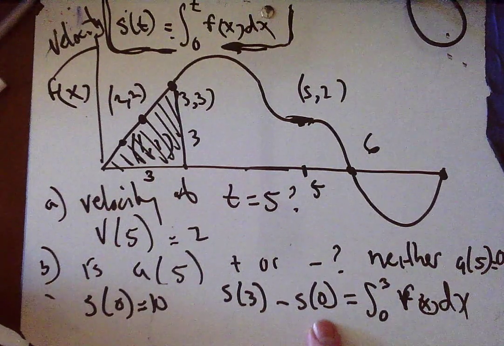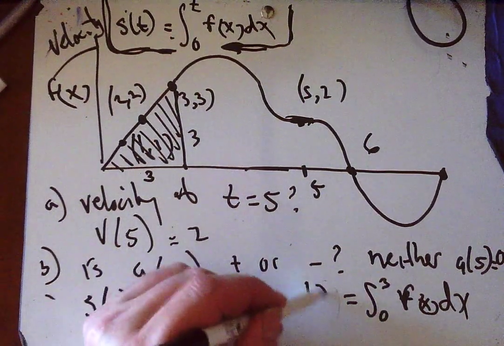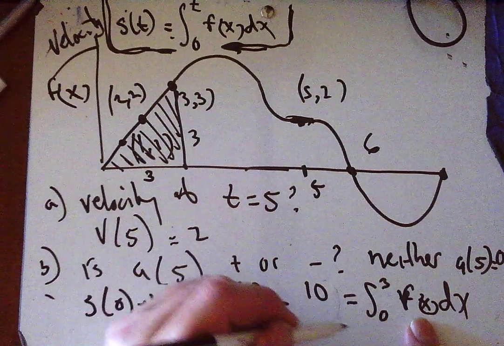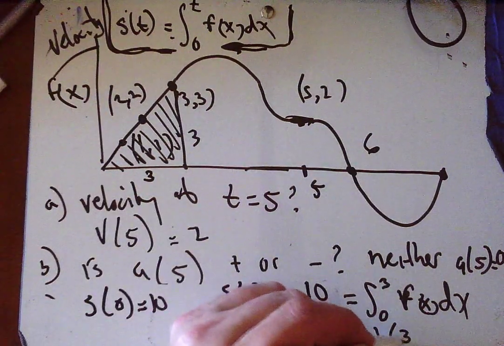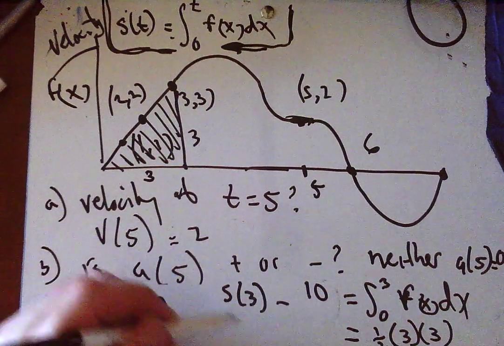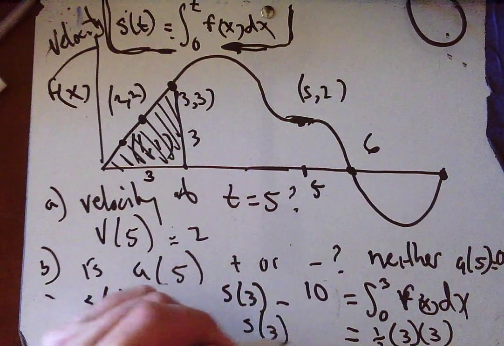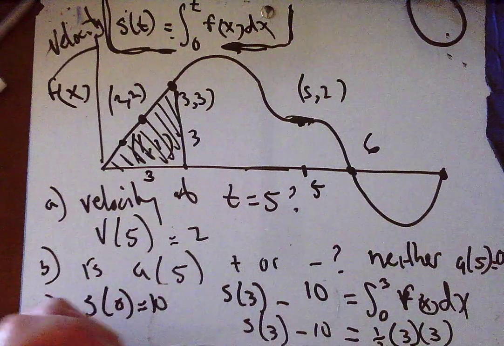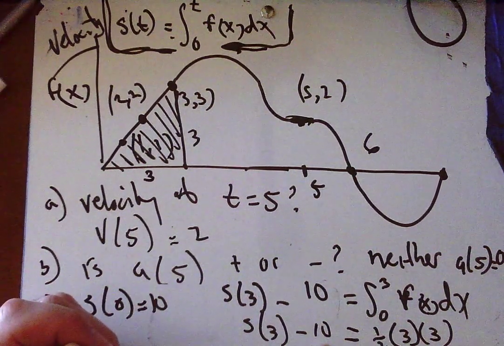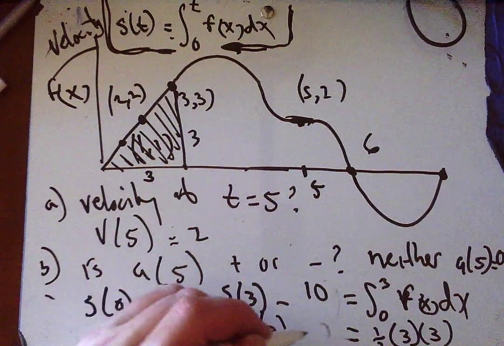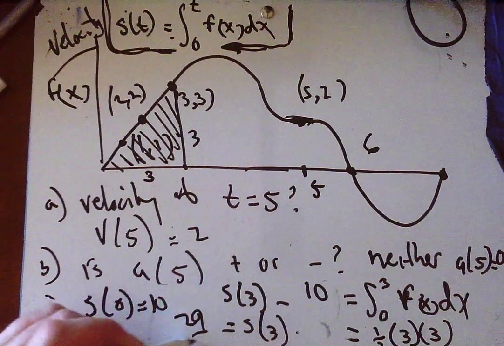Okay, s of 0, 10. Integral, well, it's the same triangle, so 1/2 3 times 3. And if I want s of 3 by itself, I better add 10 to both sides. So 9 halves plus 20 halves is 29 halves.